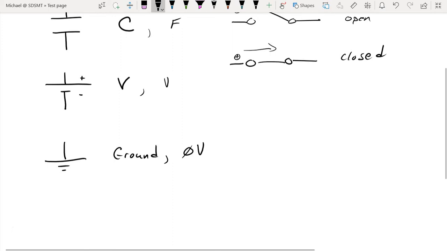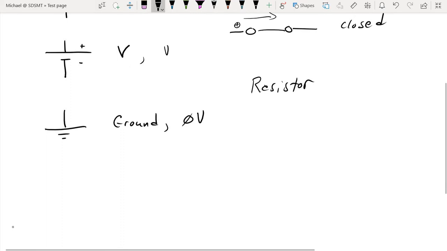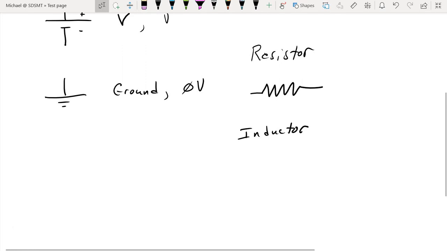Some other symbols that we'll see along the way: in the next chapter, we're going to start working with resistors. And so a resistor is going to have this zigzag pattern. And then in the very last chapter, chapter 30, we'll start working with inductor coils.